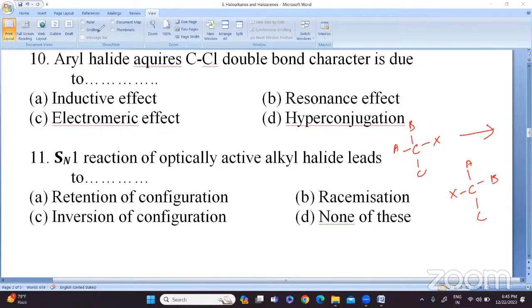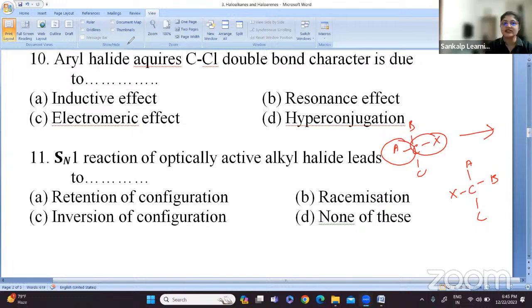So this is called inversion. What is happening here? Breaking of a bond takes place near the stereo center, and there is a change in configuration. You can observe the change in configuration. So this is called inversion.